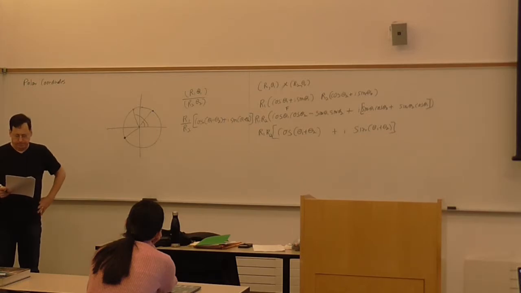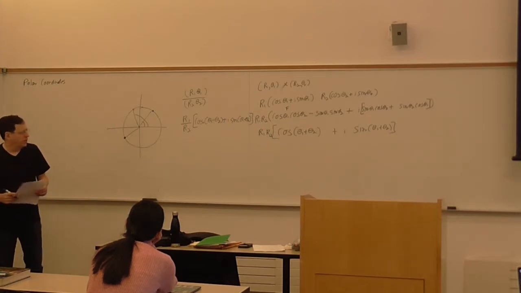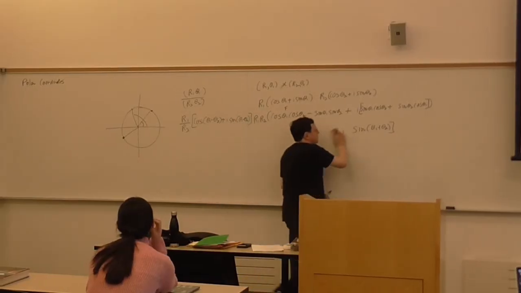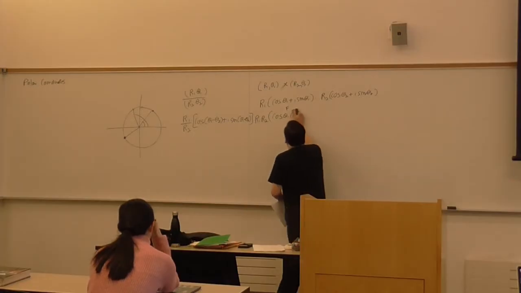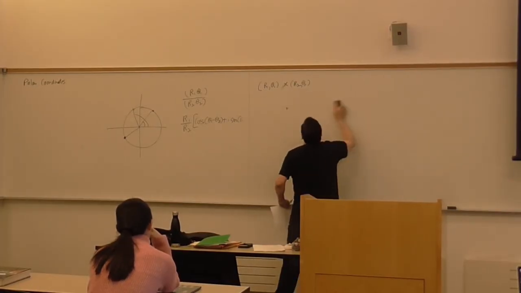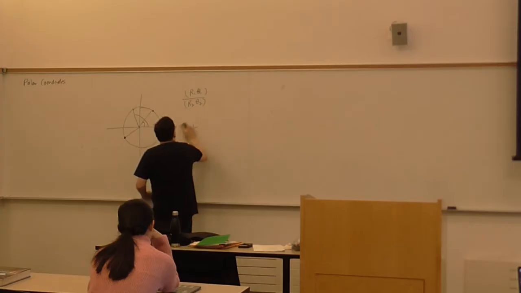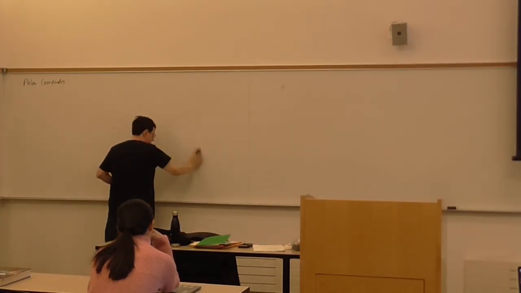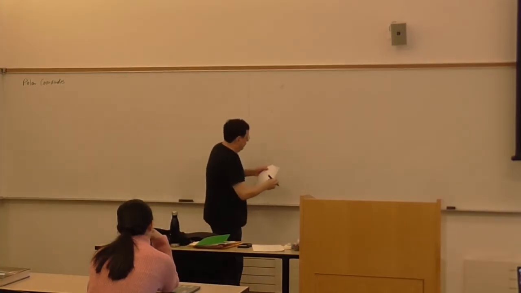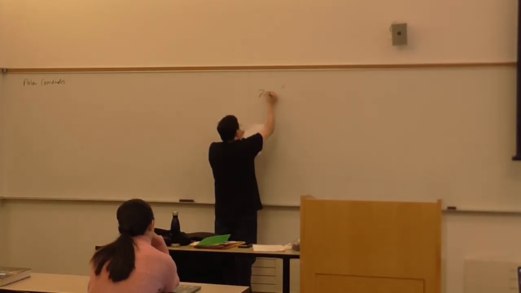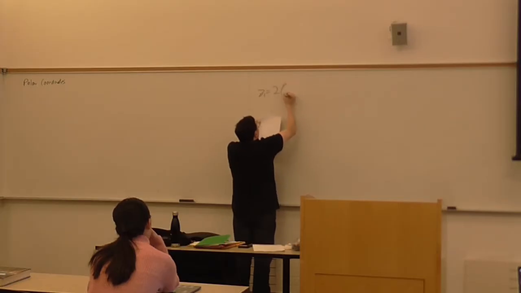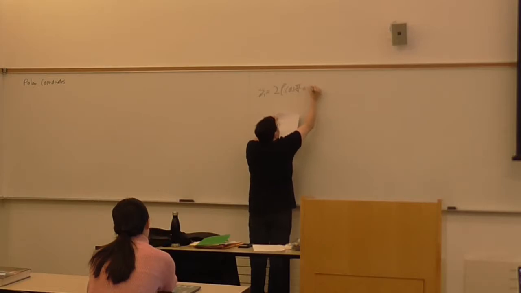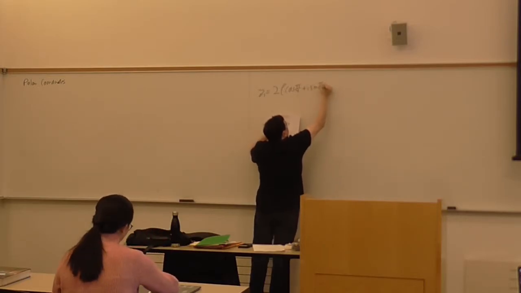All right. Let's actually do a real example of this. My first complex number in polar form is 2 times cosine pi over 4 plus i sine pi over 4.